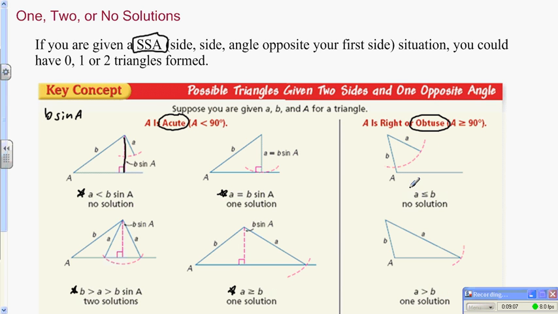If we're given obtuse, then we will check out this relationship and this relationship. We're going to go through some examples and take a look at those step by step, and that will be in part B. So this ends part A.